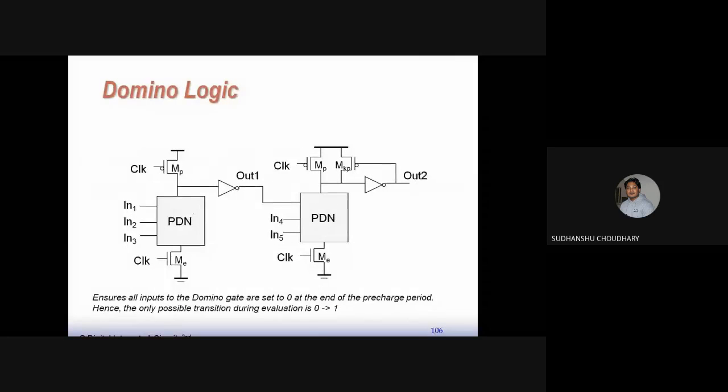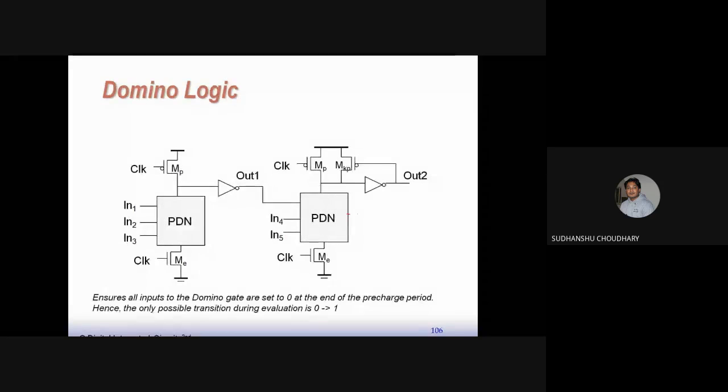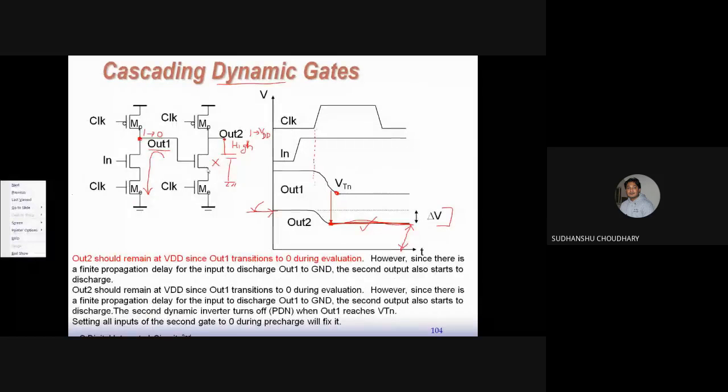Now to overcome this problem, one can ensure that during the pre-charge phase all inputs to this pull down network are 0.